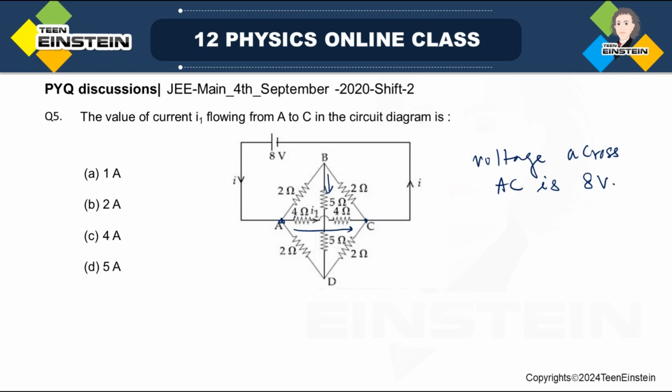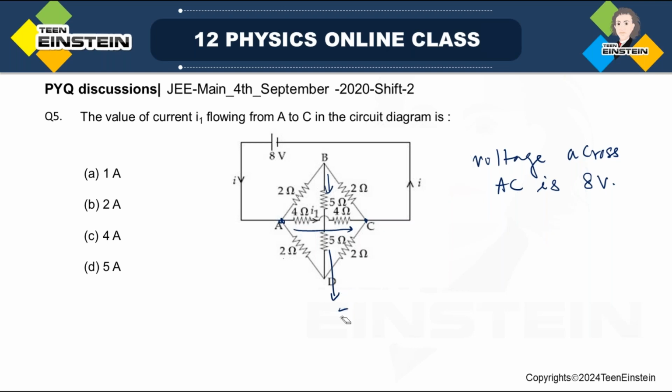See, if you know the resistances in this branch, then it is easy. Directly you can do that. Even in this way you can see, if I just go for the Wheatstone bridge concept, then you look 2 by 2, so P by Q is equal to R by S. This is equal, so there will be no current through this BD. Okay, in this branch there will be zero current.